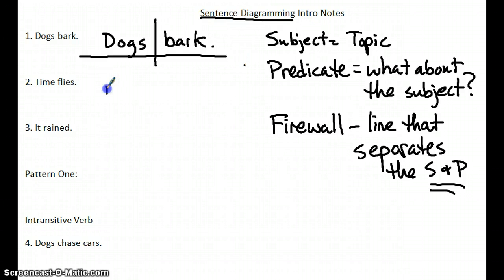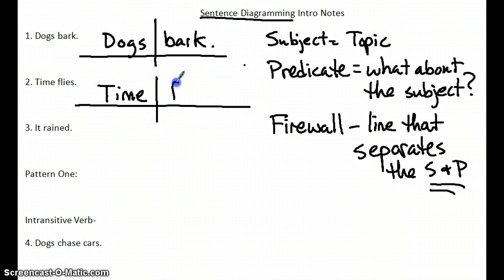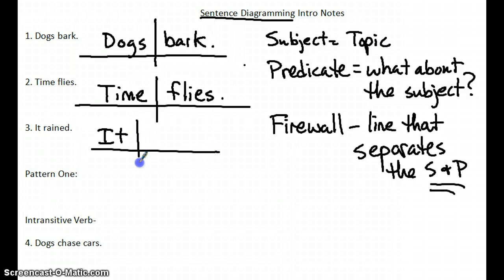The second one, time is our subject, horizontal line. What does time do? It flies. That's the predicate. Notice I'm including punctuation. It's good practice. The third example, it is our subject. What about it? Well, it rained. Rained is our predicate.